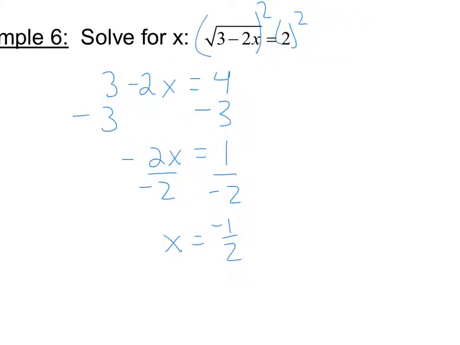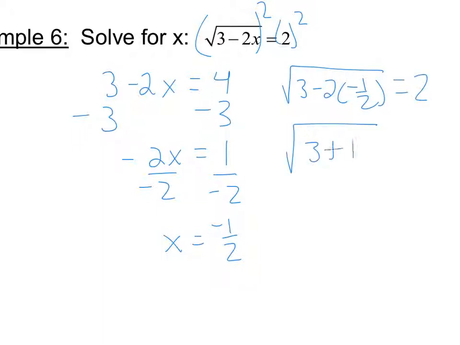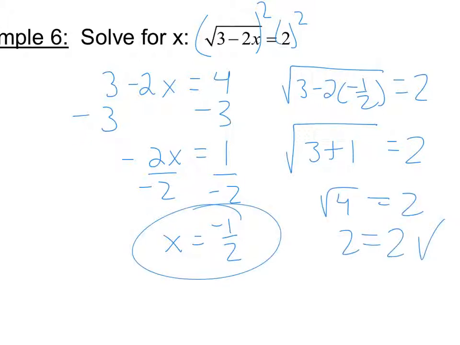Substitute it into check, just like we did on the previous. You get 3 plus 1 equals 2, so square root of 4 equals 2, so 2 equals 2, so check. So it can be. Okay? Alright, let's take a look at more examples.